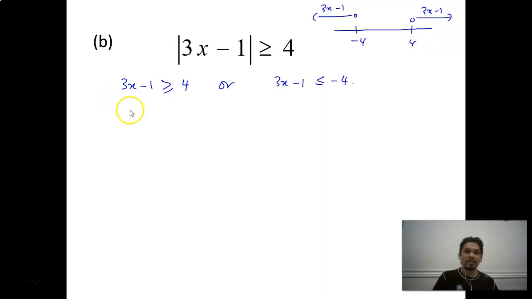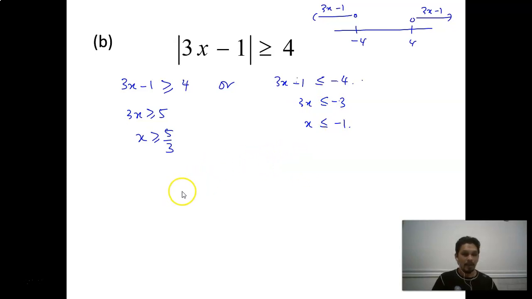Okay, so then 3x minus 1, the negative 1 brought here becomes positive, so 4 plus 1 equal to 5, and x greater than or equal to 5 over 3. And this one here, negative 1 brought here becomes positive, so negative 4 plus 1, negative 3, then x divided by 3, a positive value, won't change the sign, so it remains less than or equal to negative 3 divided by 3, negative 1.